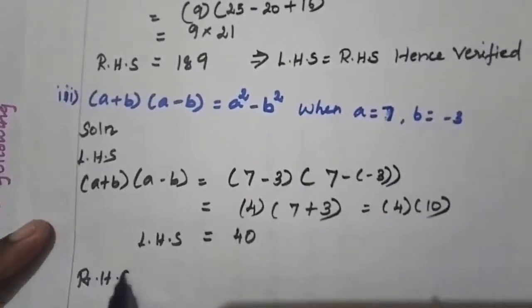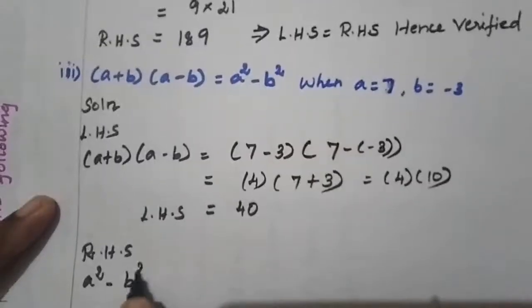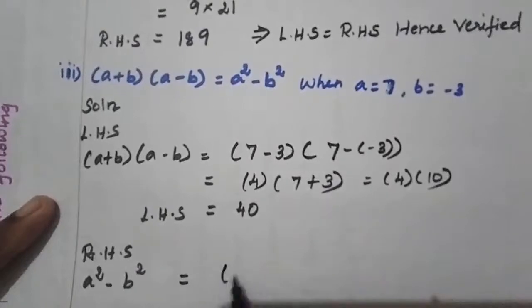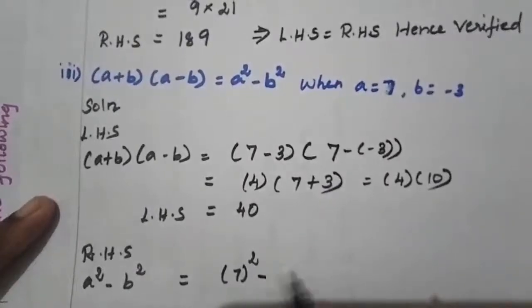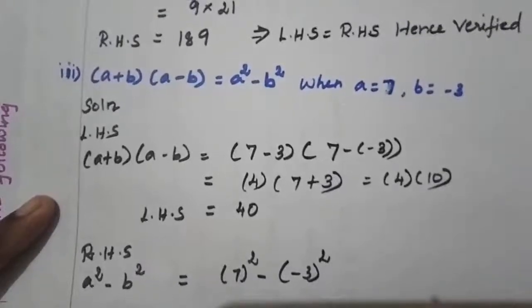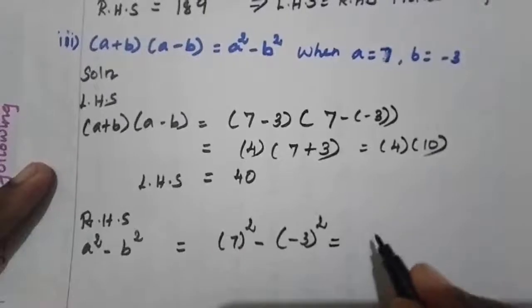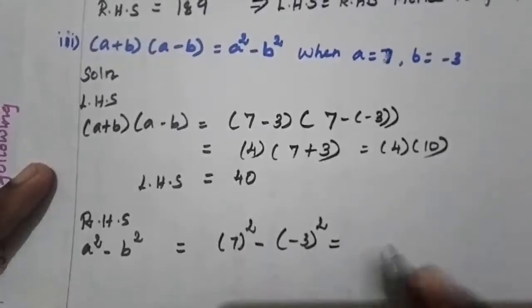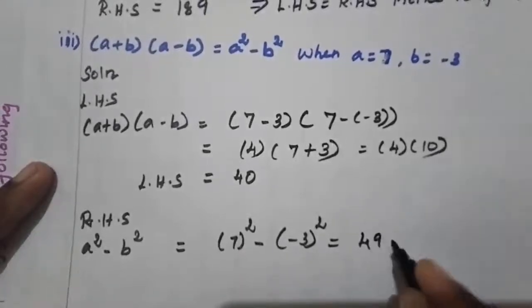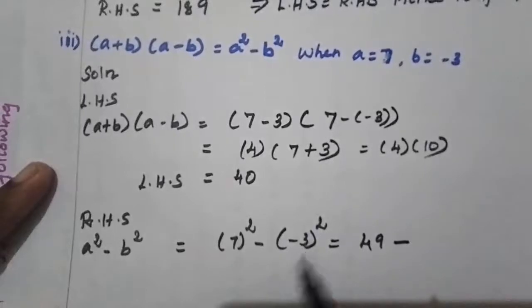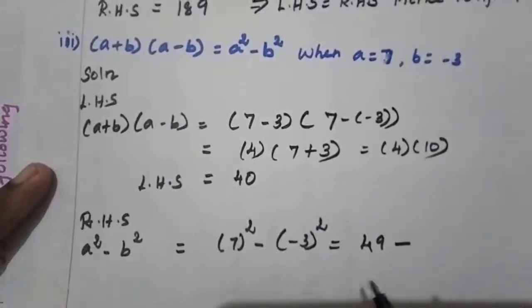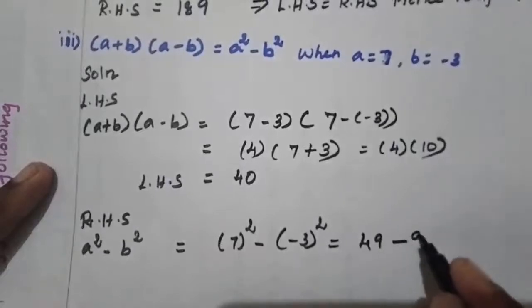Now your RHS. What's the RHS? a square minus b square. So 7 square minus, the value of b is minus 3 square, which is equal to, what's the value of 7 square? It is 49 minus, the value of minus 3 square is minus 3 into minus 3. So minus into minus becomes plus and 3 into 3 is 9.